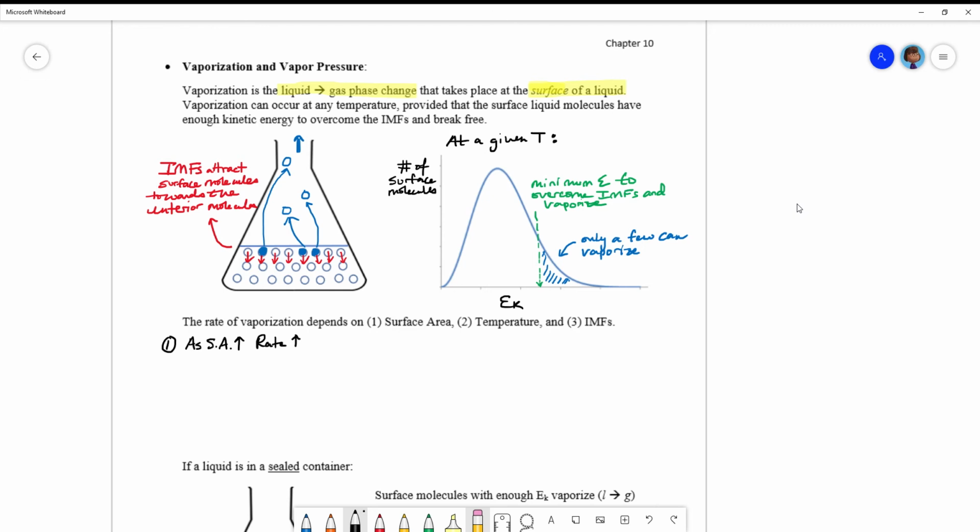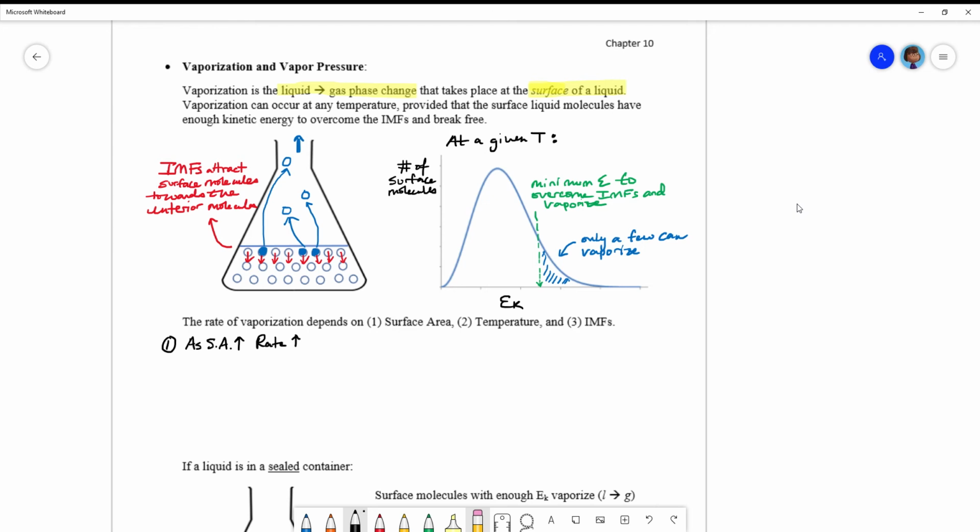If we left that glass of water sitting in your kitchen all day long, what's happening? The molecules of water are absorbing heat from the surroundings. Maybe not a whole lot of heat because your kitchen is probably not too hot, but some of those surface liquid molecules absorb enough heat to increase their kinetic energy so that they're popping off.